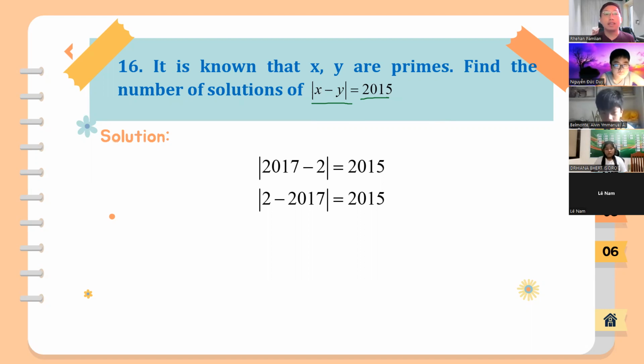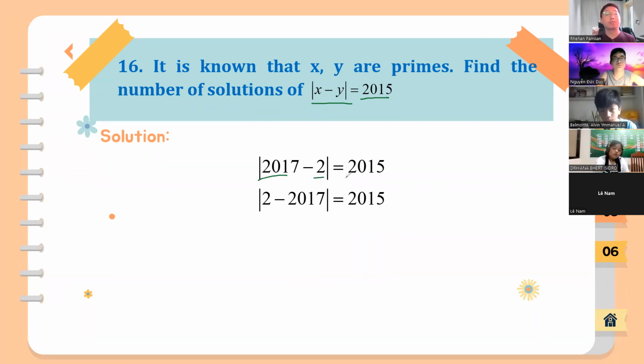In that case, the only possible cases where x and y are prime numbers would be 2017 and 2.